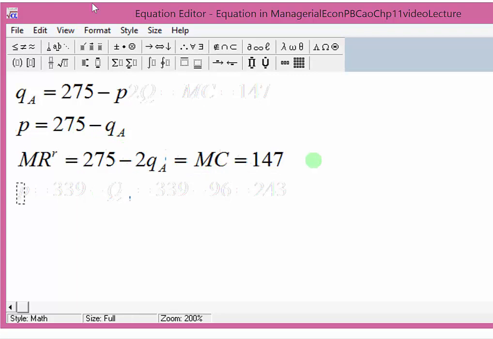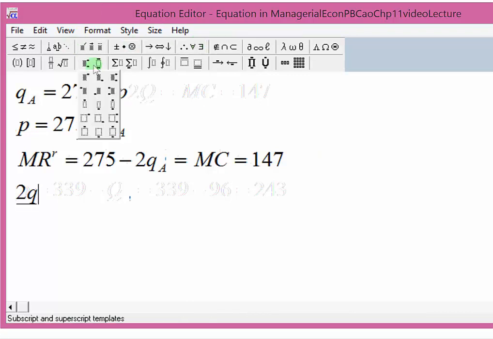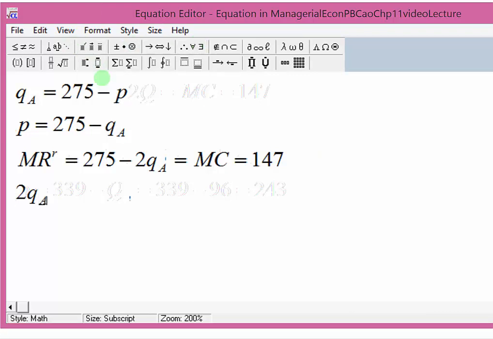So we have 2QA, the American Airlines quantity, which assumed QU equal to 64, and that will equal 275 minus 174, which is, use your calculator, you will get 182.